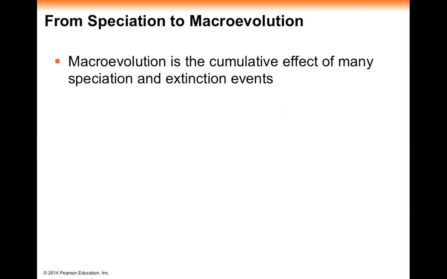So how do we get from speciation to the evolution of new phyla, new kingdoms, new domains? It's just a matter of the frame of reference we're looking at. How many different speciation events, how many different extinction events have to occur? But it seems like it's part of a continuous process.